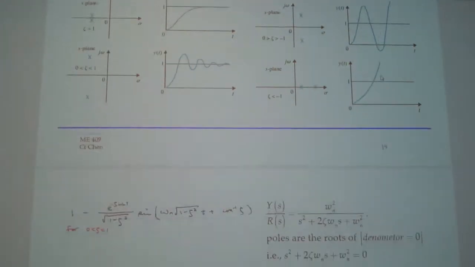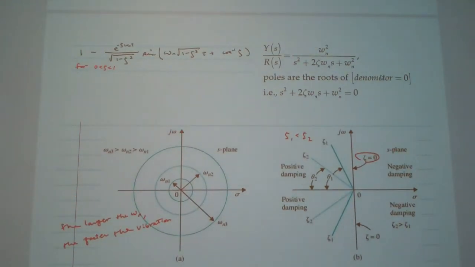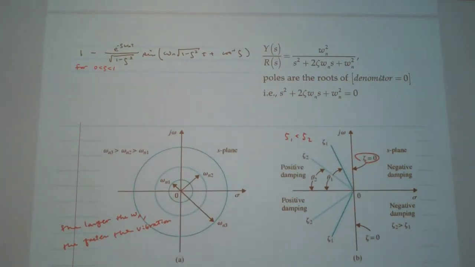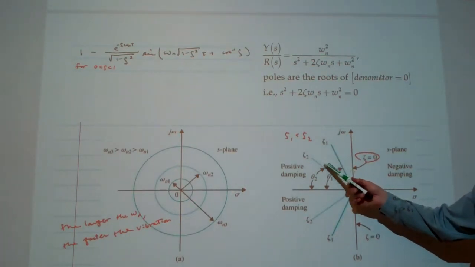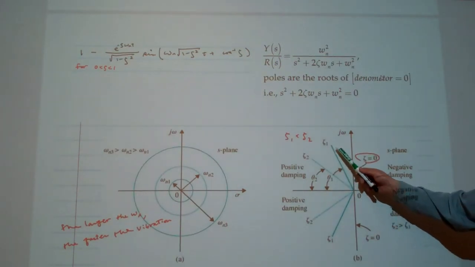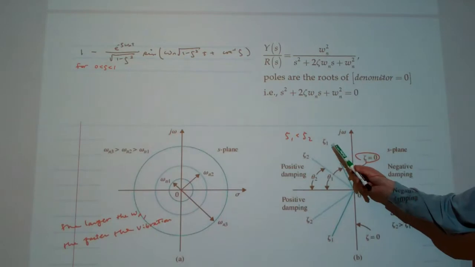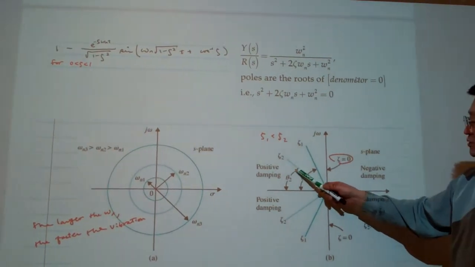We did this one before, so I went over it quickly. This page gives you another view of the systems, and it pretty much summarizes what I talked about before. The system with damping ratio zeta 1 has a large angle, and this other system has the smaller angle.